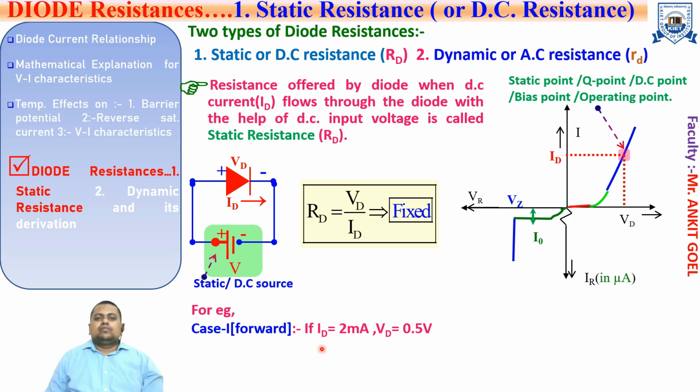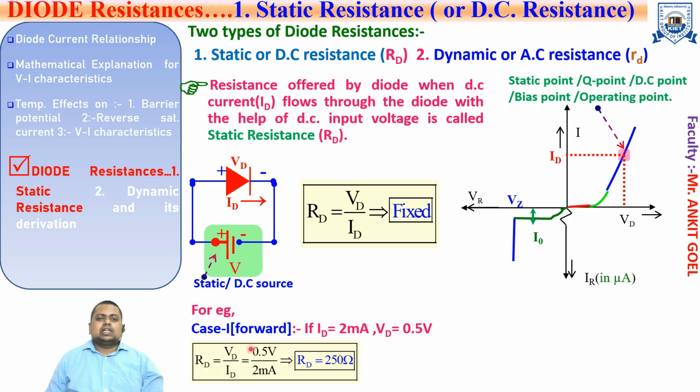Let's take an example. If the current flowing through the diode is 2 milliampere and the voltage across the diode is 0.5 volt due to some DC source connected to the diode, then the static resistance is simply the ratio of 0.5 volt upon 2 milliampere, which equals 250 ohm, right?